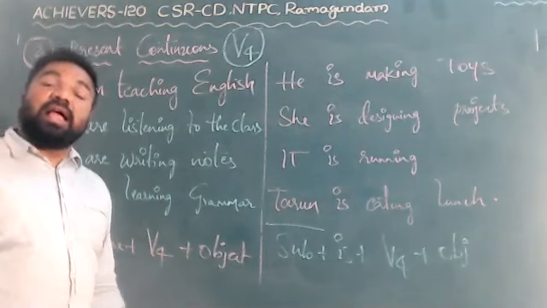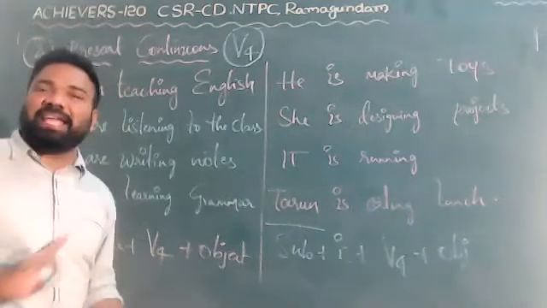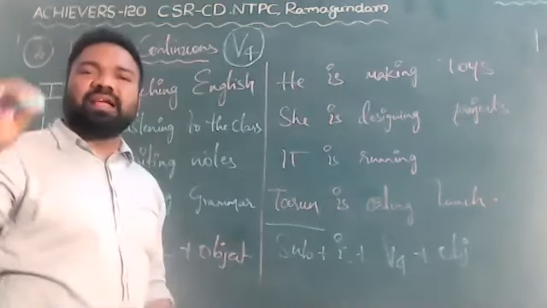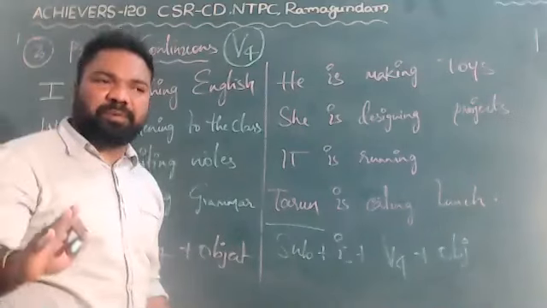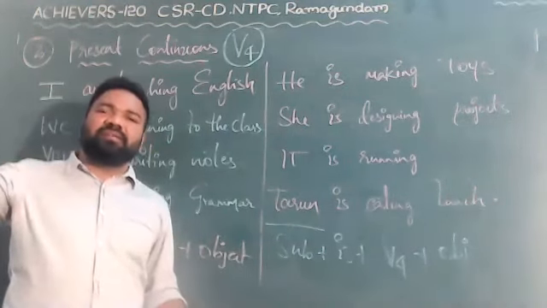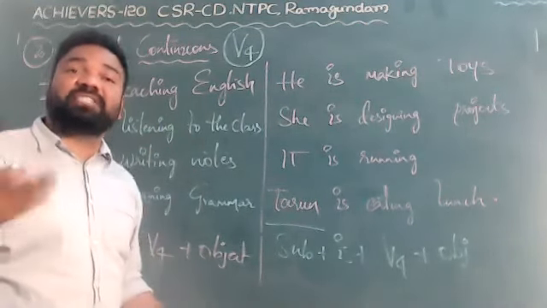So here you understood. Like in the simple present, we don't have to change any s or es or ies. That is finished. That is only reflected for simple present. That's all. The chapter is done there. There is no saga or continuation for that.